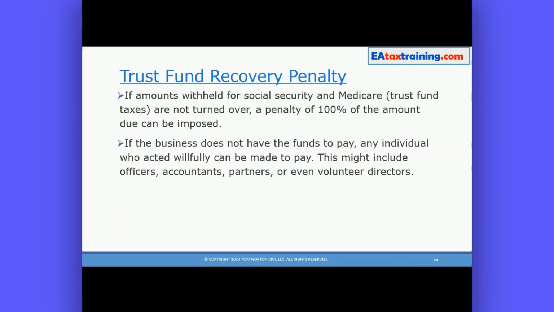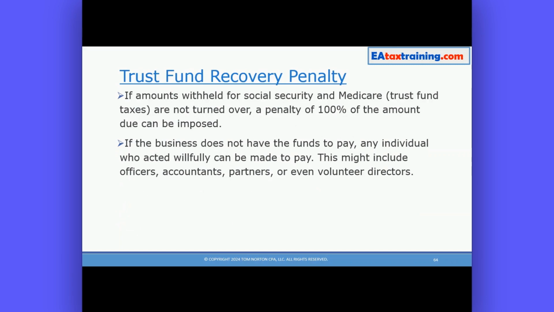The trust fund recovery penalty. If these amounts that are withheld for Social Security and Medicare, those are called trust fund taxes, are not turned over, a penalty of 100% of the amount due can be imposed. If the business does not have the funds to pay it, any individual who acted willfully to withhold these funds can be made to pay.